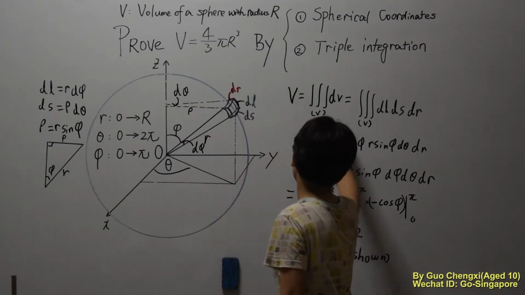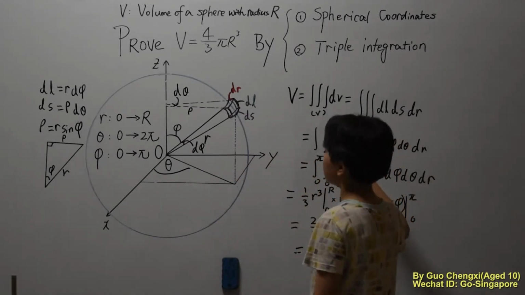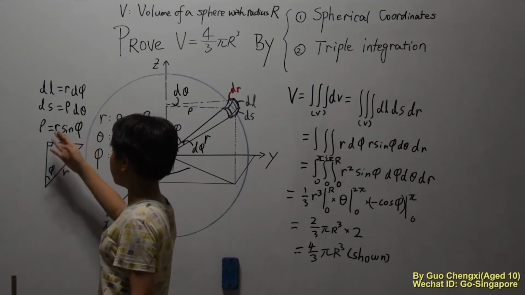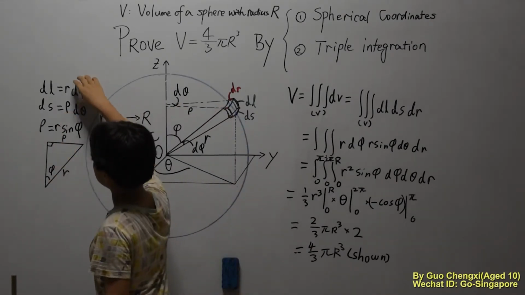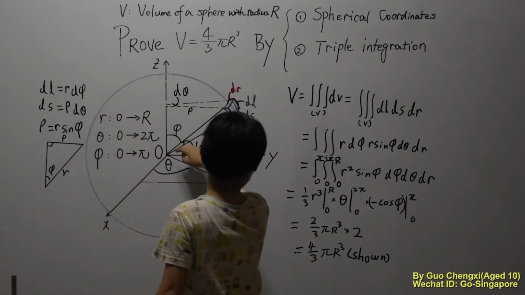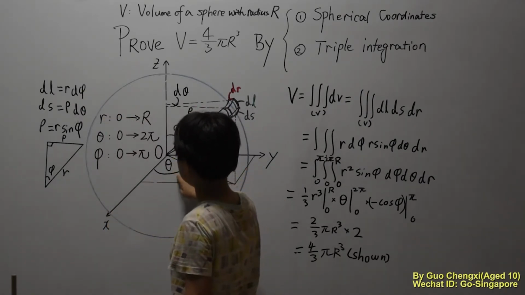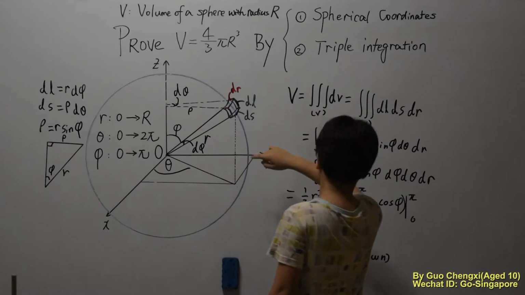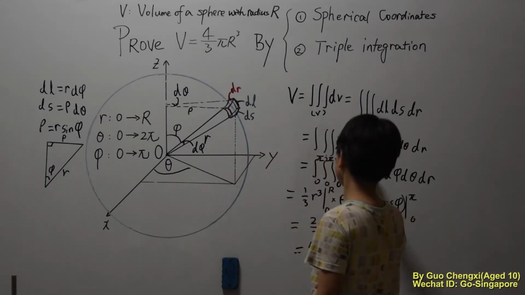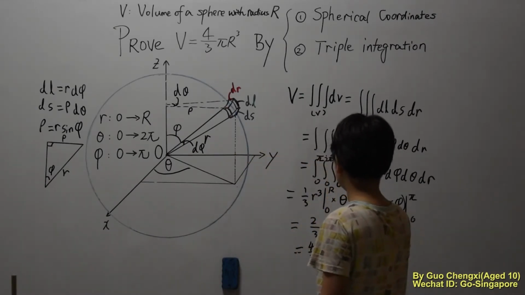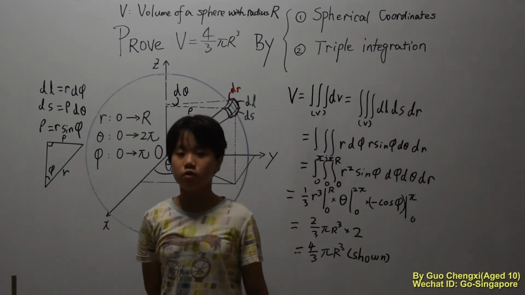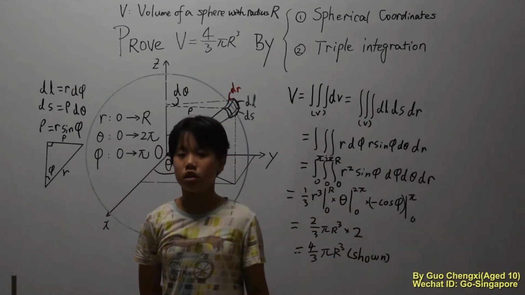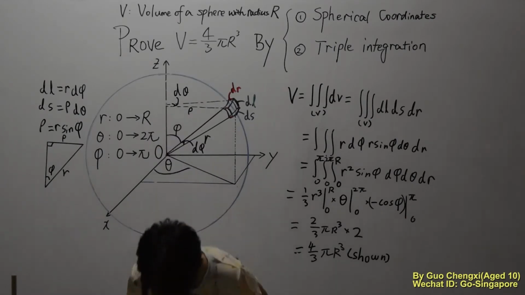So this time we integrate all these three and then sub it in. For rho you can use the right angle triangle, and these two you can simply find here, the polar angle and the azimuthal angle. Then sub them in, integrate and get the answer. So for this lesson, we'll be ending it here. Last but not least, thank you for watching.